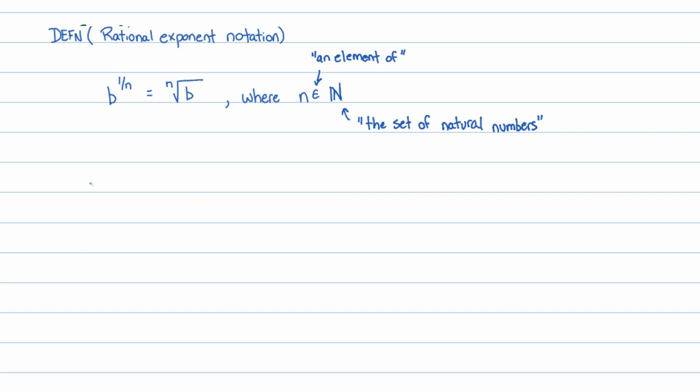So for example, 4 to the 1/2 power is defined to be the second root of 4. And we happen to know what that is, by the way. The square root of 4 is just 2. Let's see, 27 raised to the 1/3 power is just defined to be the third root of 27.